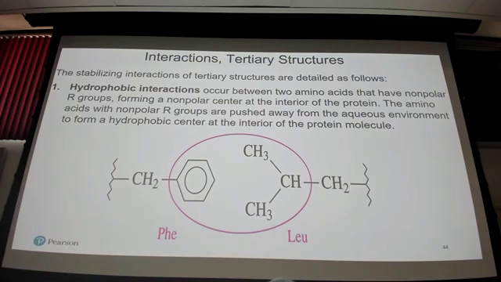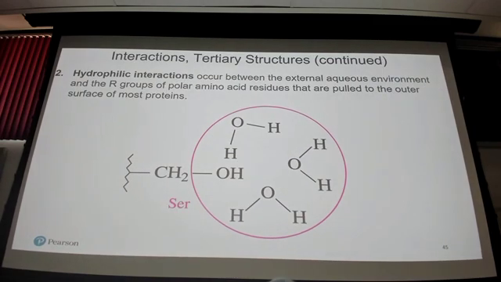Does that make sense? So, you also have hydrophilic. We know hydrophilic has to be a polar amino acid, right? One of the polar amino acids that we looked at, we didn't even name it, but you know it's polar because it's an alcohol group, right? That's the C2OH, that's alcohol.